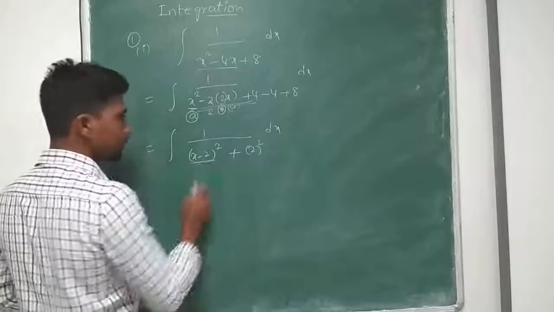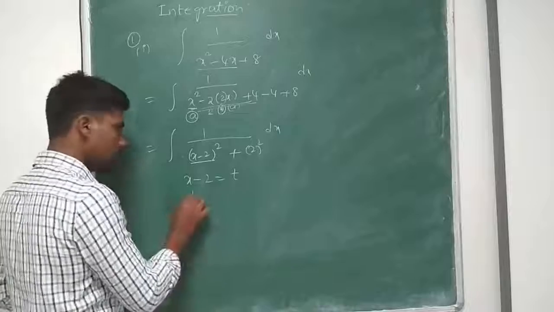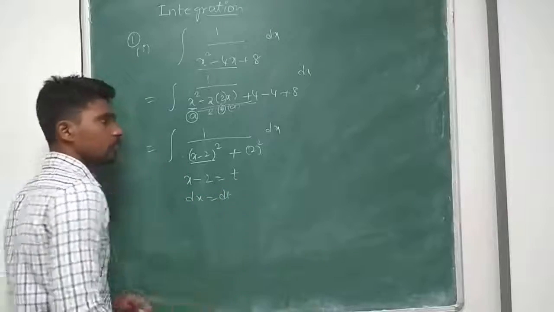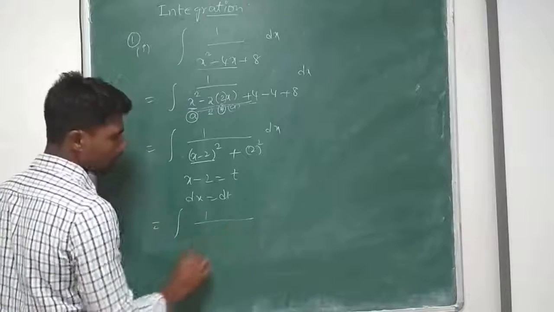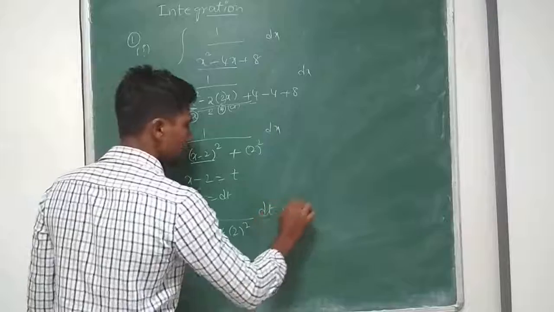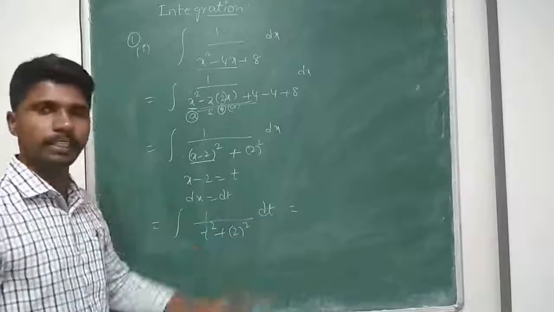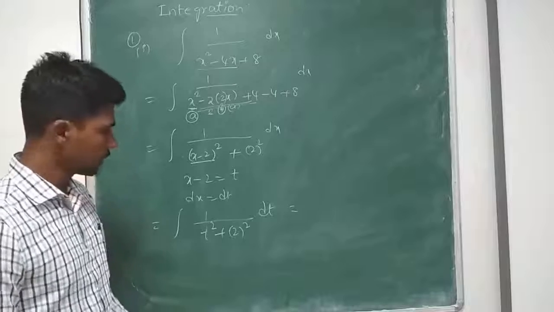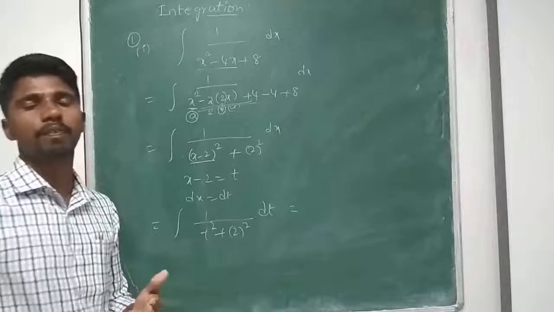If I substitute x minus 2 as t, so x minus 2 is equal to t, dx will be equal to dt. So if I replace, I get integral 1 by t square plus 2 square dt. It is in the form 1 by x square plus a square integral dx. For that, what will be the answer? 1 by a tan inverse of x by a.